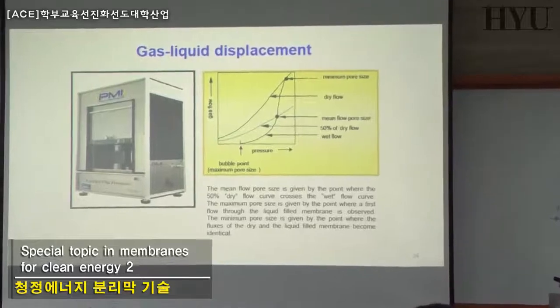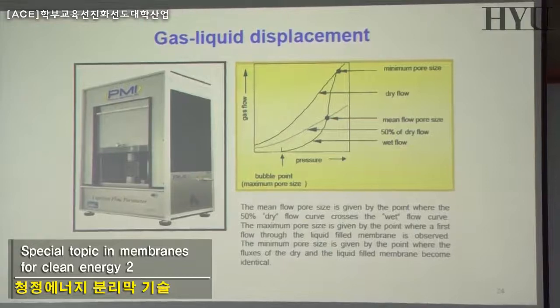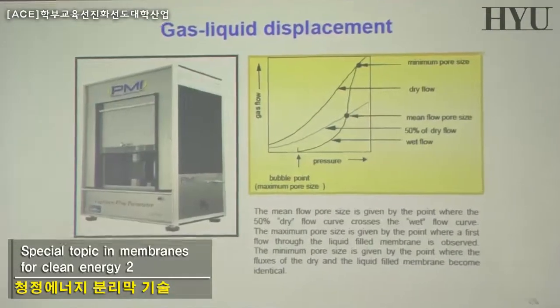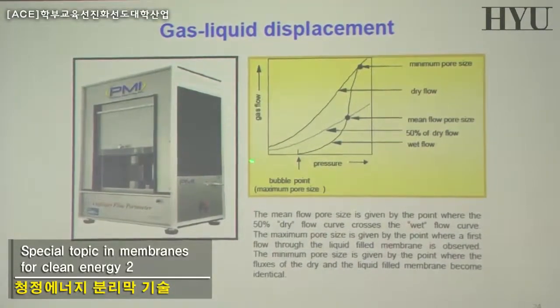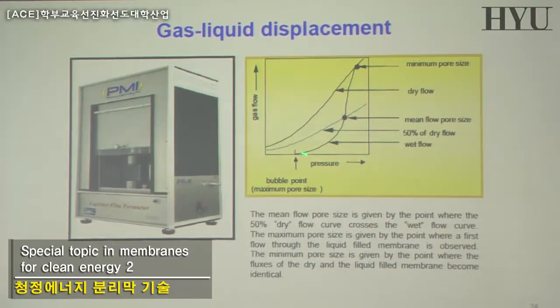Using this PMI method, from the Porous Materials Institute, we can measure the gas flow versus the pressure. If you apply high pressure, the gas flow will be much larger, meaning that we have a highly porous structure in this region, whereas a small pore size could be detected in this region as well.